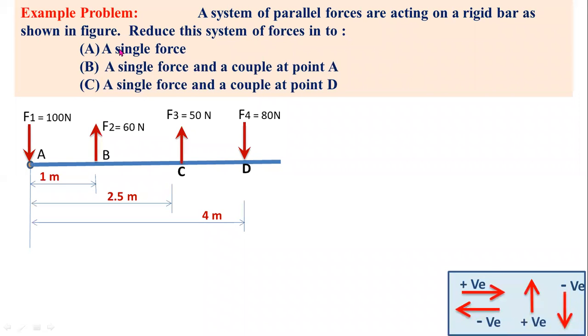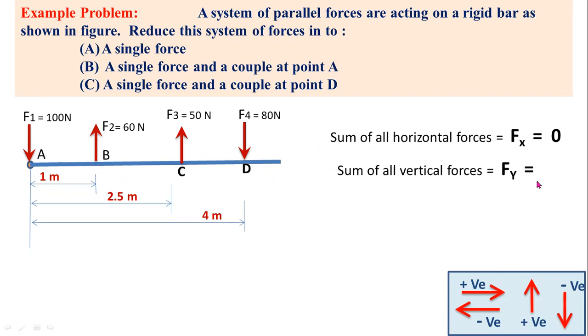First, you have to find the magnitude and direction of the resultant. You can observe from the given diagram, there are no horizontal forces. These all are vertical forces. That's why the sum of all horizontal forces equals 0.